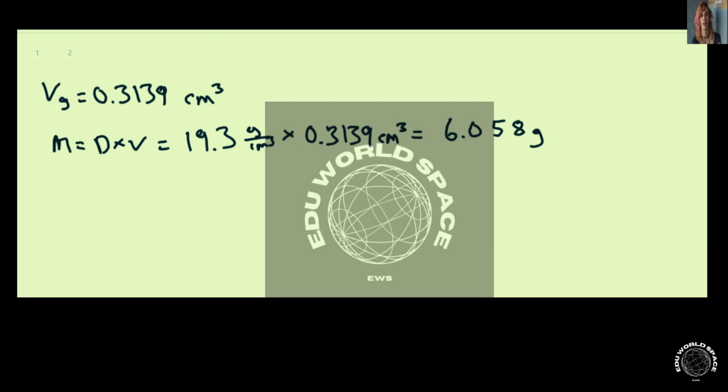Now the question asks for the percent mass of gold. So to do that, we simply need to divide gold by the total, which is 9.85 grams, and multiply by 100. And this gives us a value of 61.5% gold.